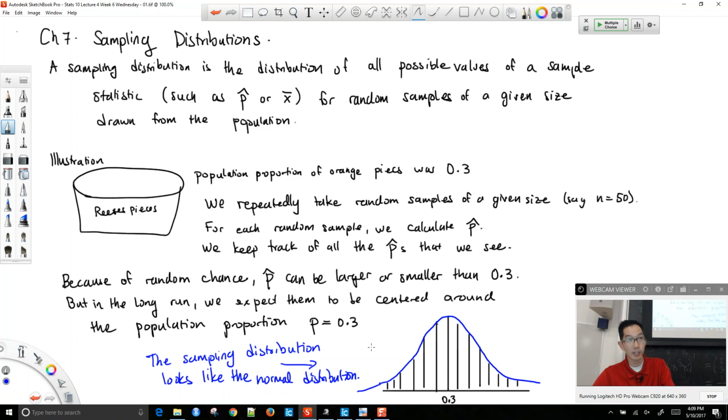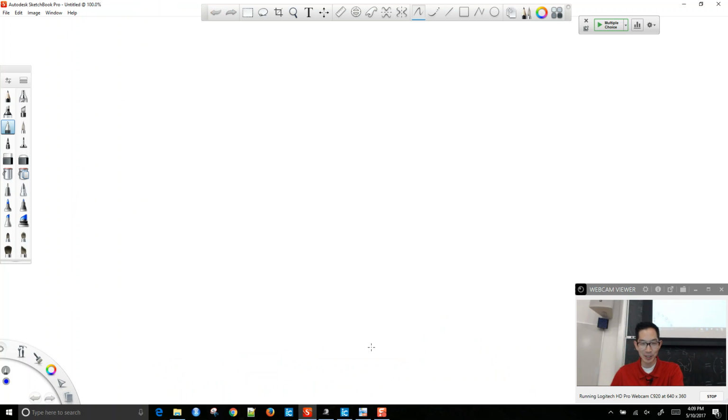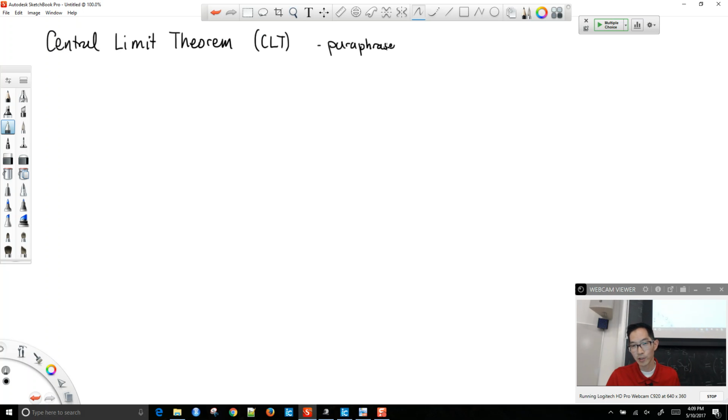So this is something called the central limit theorem, and it's kind of a big deal. I'm going to give you just a paraphrased version, because the real version is more formal math speak.